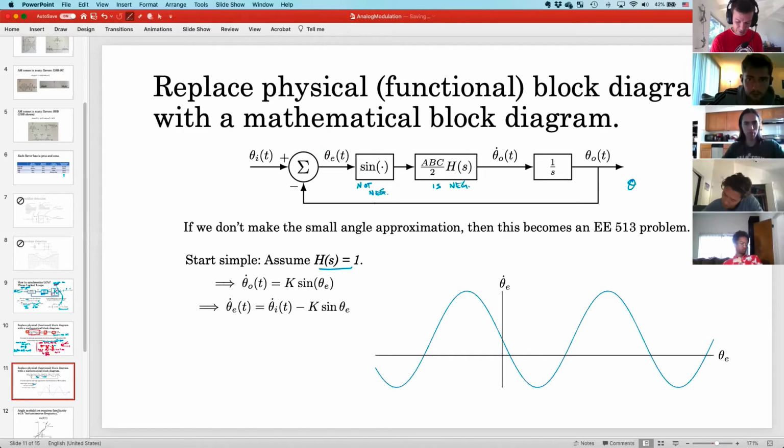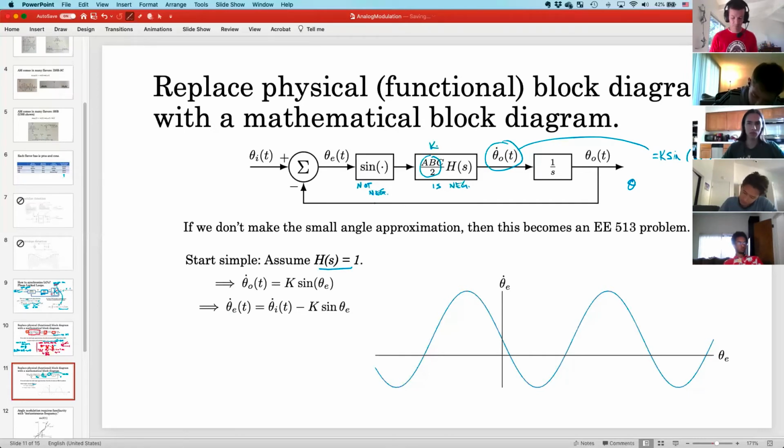Theta O, so I'm talking about this signal, that equals what? The sine of theta E times some gain K, where let's let K be ABC over 2.